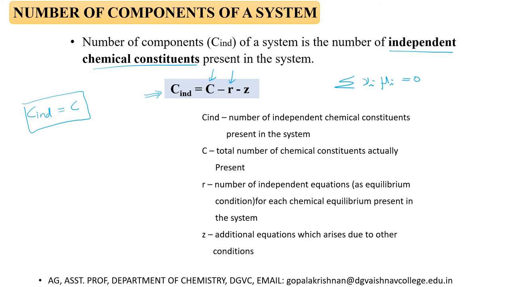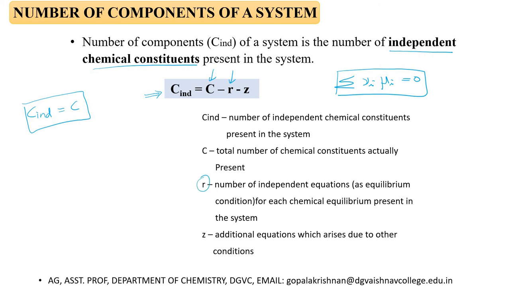For every equilibrium reaction this condition should be valid, so we call this an equation. In a system we have to find out how many separate chemical equilibria there are, and for each one we write one such equation.